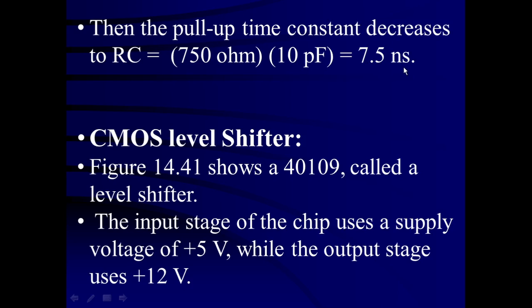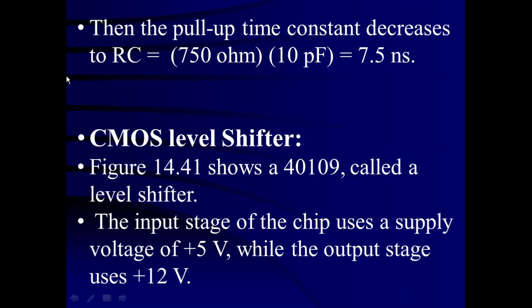That means we can reduce from 68 nanoseconds to 7.5 nanoseconds if this pull-up resistance becomes the minimum allowable, that is 750 ohms. So this is another way we can make an interface between the TTL and CMOS.